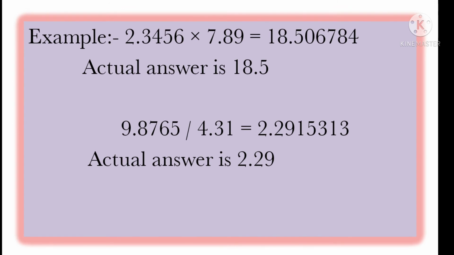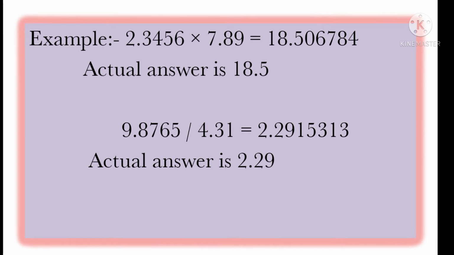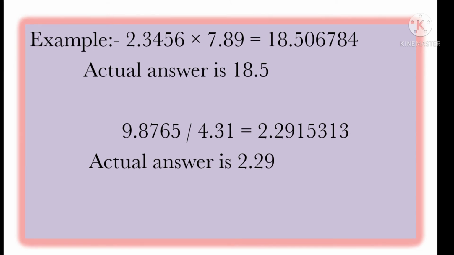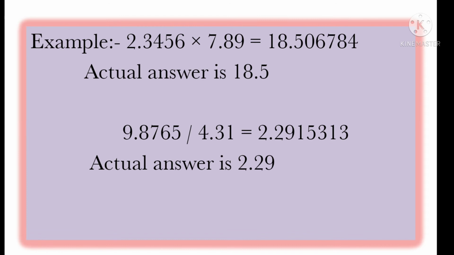If we multiply 2.3456 with 7.89, which has least significant figures of 3, so the answer will come up as 18.506784. So the rectified one will be written as 18.5, which has 3 significant figures, same as the second number.